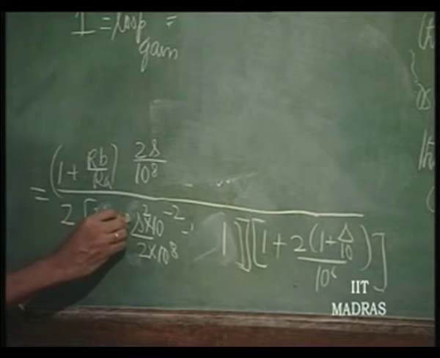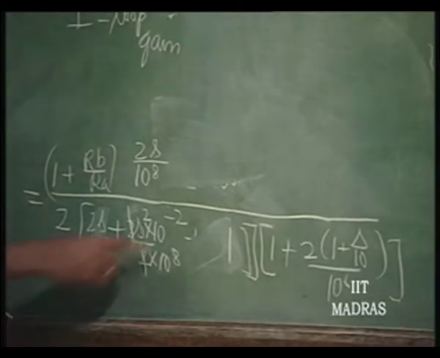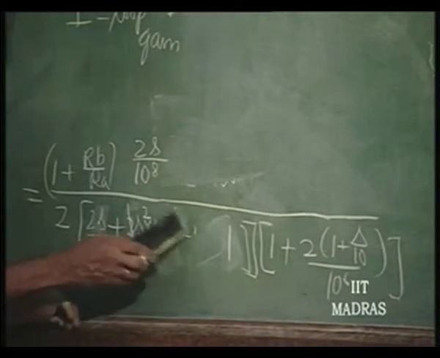Is it correct? 2s. Okay. So, 2 gets cancelled, and 10 to the power 8 here you get this as 10 to the power minus 10.